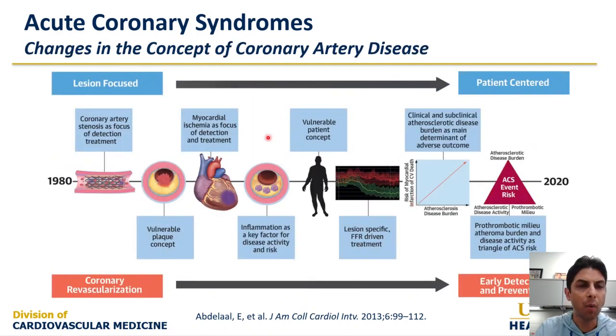Moving on now, I want to make sure that you appreciate the fact that there are changes in the concept of coronary artery disease. We just talked about the vulnerable plaque concept. But prior to that, we really got excited, if you will, about a coronary artery stenosis and focused in on that in order to detect it and treat it.